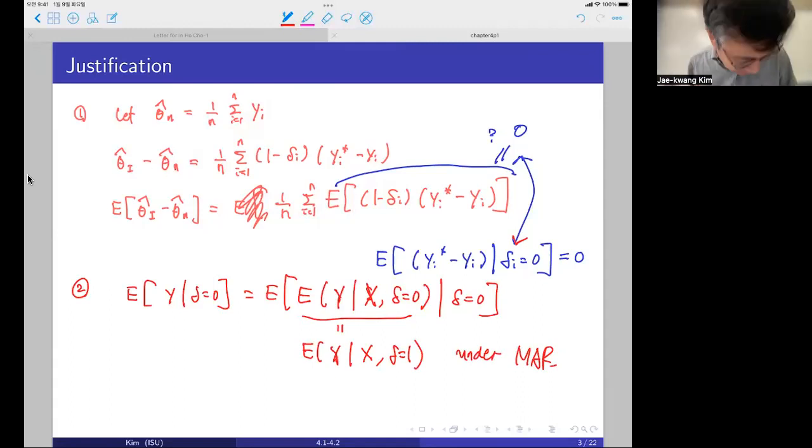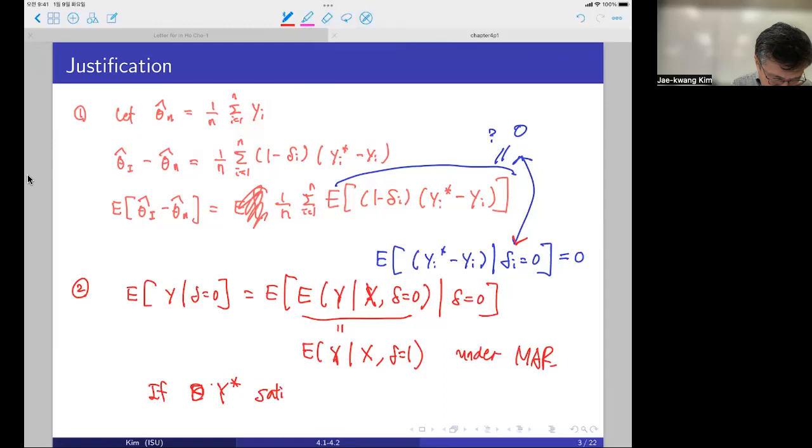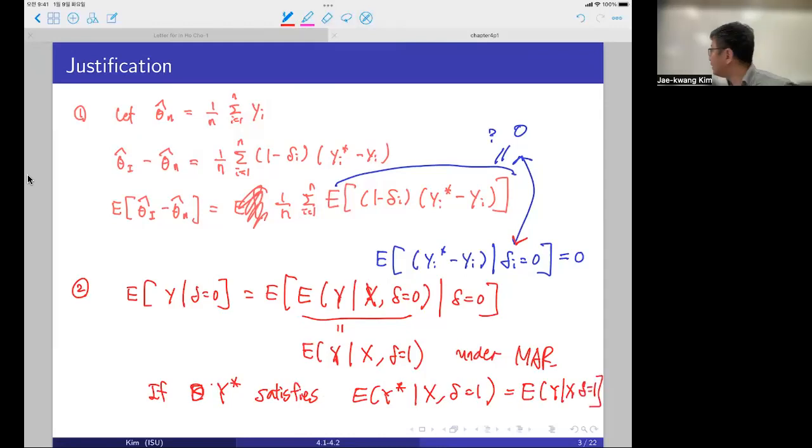So that means if Y star satisfies this and MAR holds, then basically we get this equality.